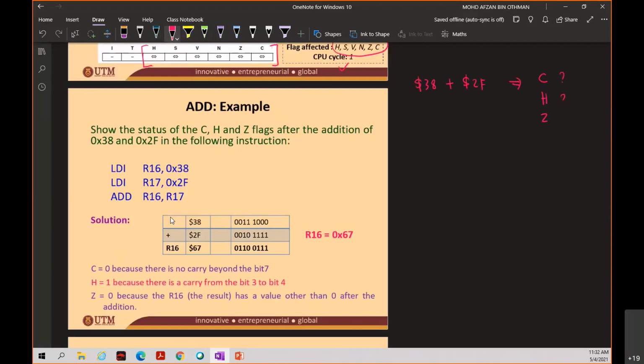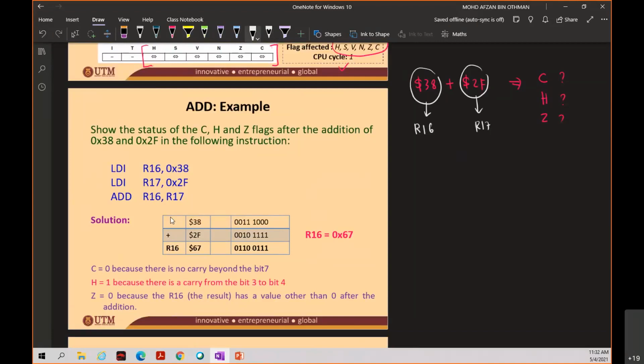To do that, since these are constant numbers, they are not inside your GPR, so you need to load these numbers to your GPR. We can use R16 to load the 38 and R17 to load 2F.